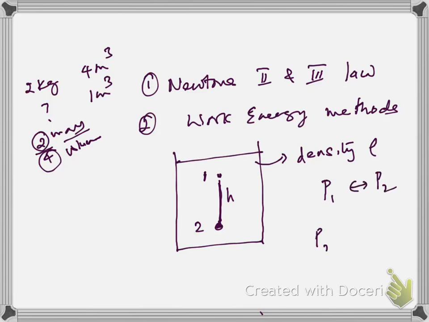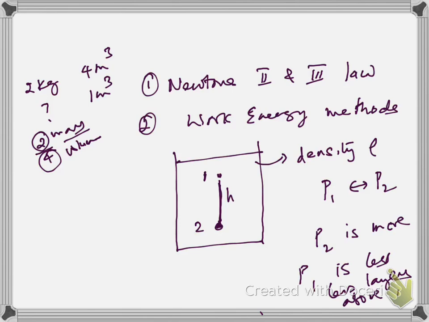I know that pressure at 2 is more, simply because there are more layers of fluid above point 2, and pressure at 1 is less, simply because there are less layers above point 1.